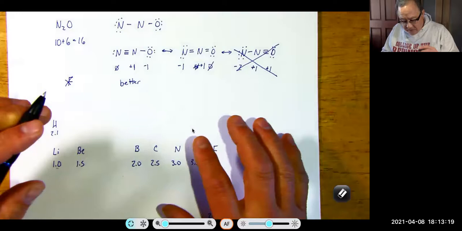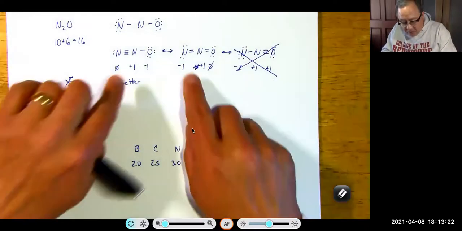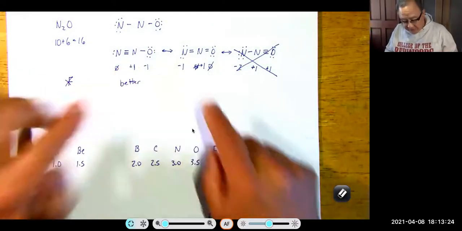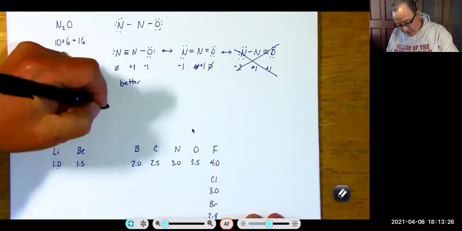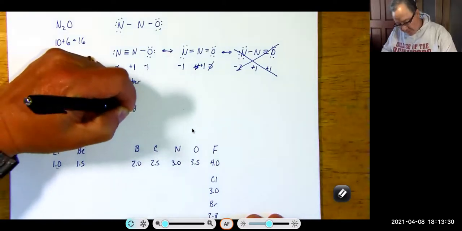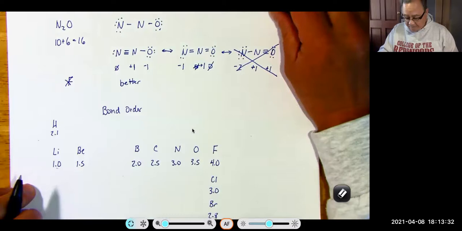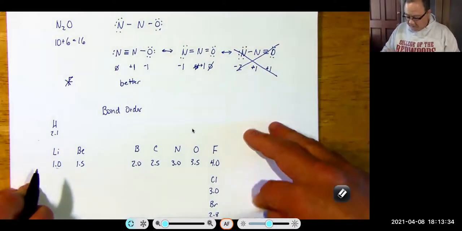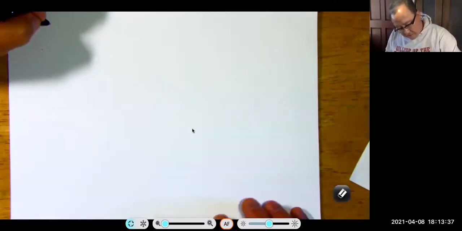Now, to determine how long the bond is, so this is something that we talk about later in the chapter. We talk about something called bond order, bond length, and bond strength. I'm going to get on a new piece of paper here.